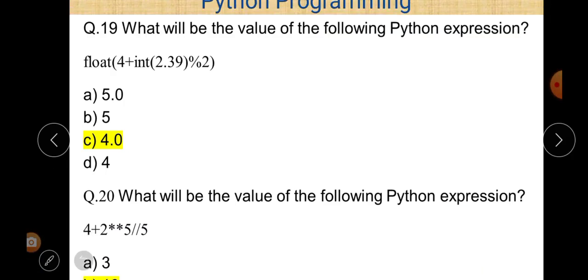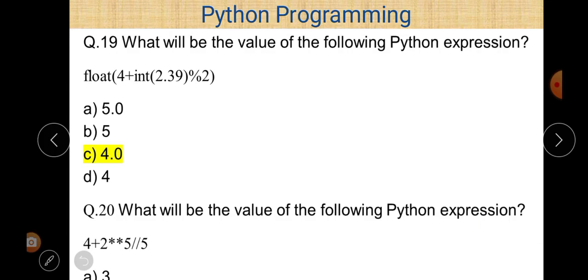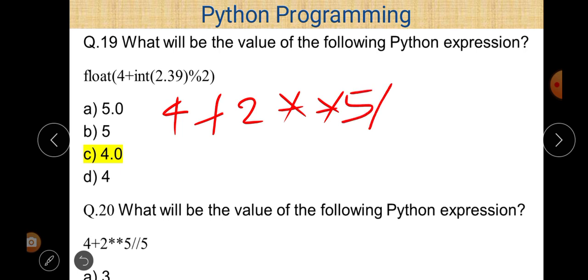Now question number 20. Question number 20 says: what will be the value of the following Python expression? The expression is 4 plus 2 double star 5 double slash 5. There are three operators: plus, exponent, and float division.